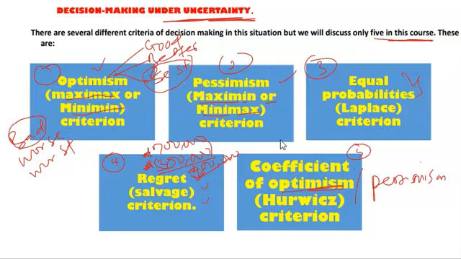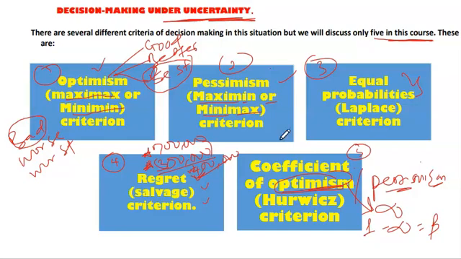If the question gives the coefficient of optimism, then you find the coefficient of pessimism. If the question gives the coefficient of pessimism, you look for the coefficient of optimism. The coefficient of optimism is denoted by alpha, while the coefficient of pessimism is 1 minus alpha, which is the same thing as beta. It depends on what you are given, whether it's the coefficient of pessimism or optimism.